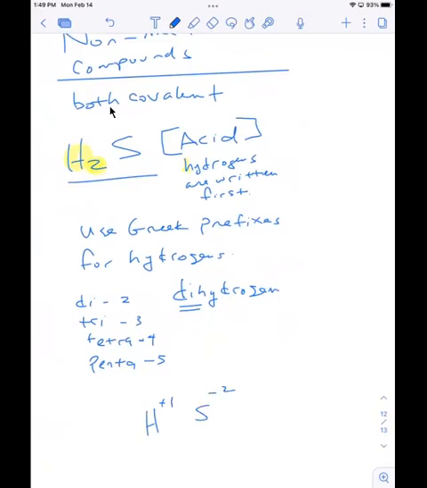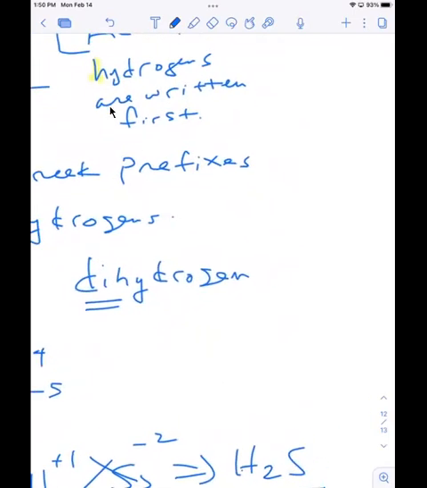If we crisscross those charges, it will be H2S. So we know that sulfur is either negative or it has the lion's share of electrons in this compound. So when we write this, it's dihydrogen sulfide.